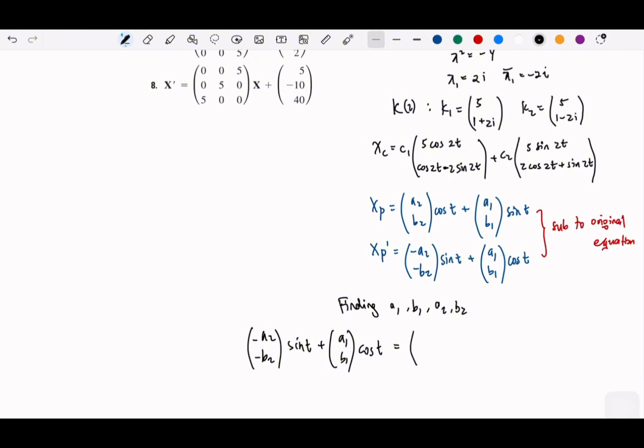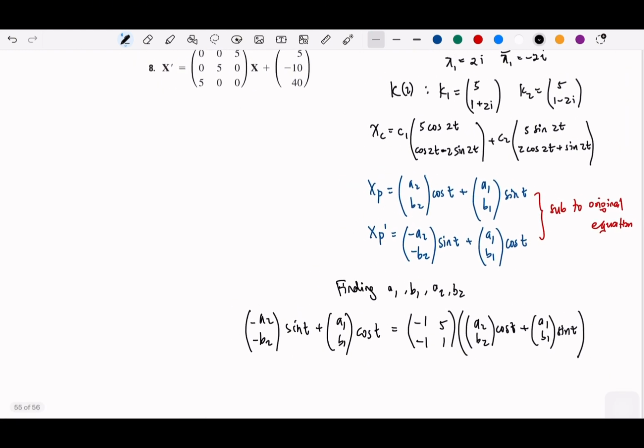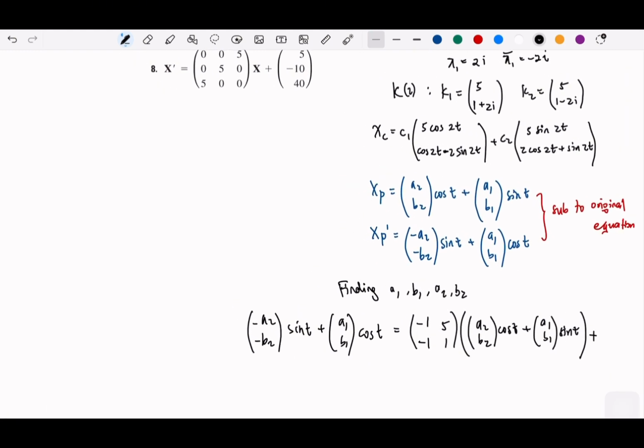This will be equal to the matrix -1, 5, 1 times x, and then plus the f.